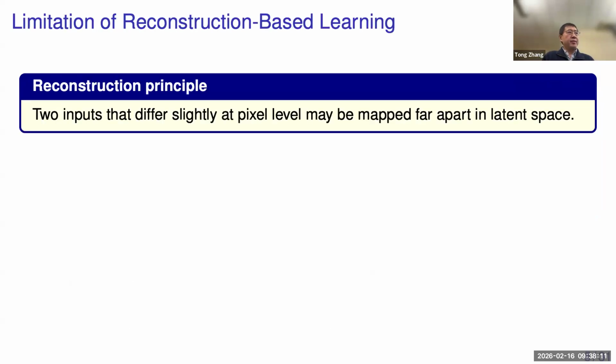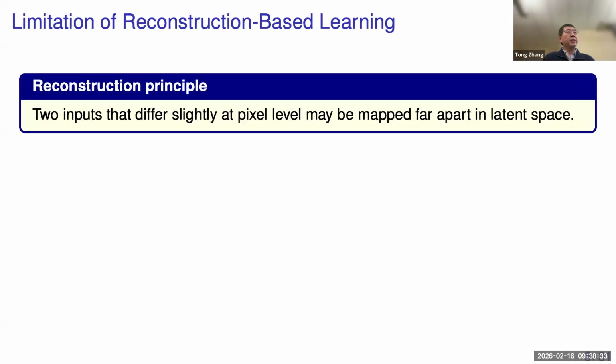So there are limitations. The main limitation is the following. We will see the examples later on, then we'll come back to say what you cannot do with this view. For example, two inputs may be only slightly different, but are far apart at the pixel level.